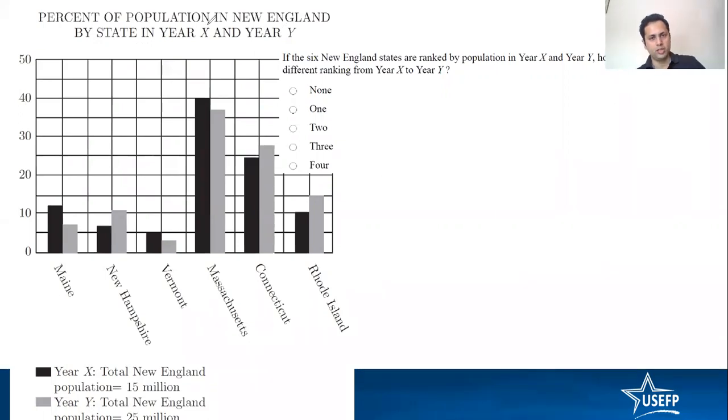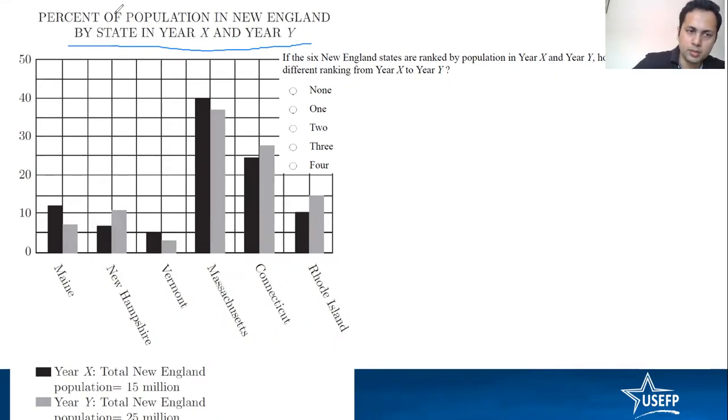The first thing, once a data analysis question comes in, is to read the title of the chart. It says percent of population in New England by state from year X and year Y. So it gives you the percentage of population by state.